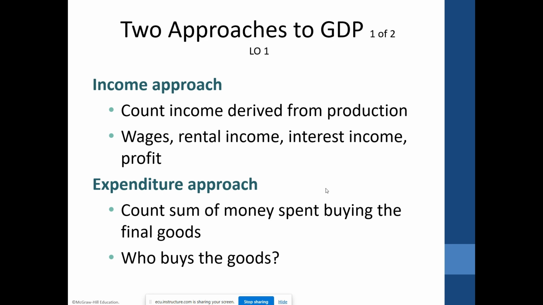GDP can be viewed from two different perspectives. The income approach looks at GDP in terms of the income derived or created from producing goods and services. The expenditures approach measures GDP as the sum of all the money spent buying the output. In theory, either method should yield equal results.